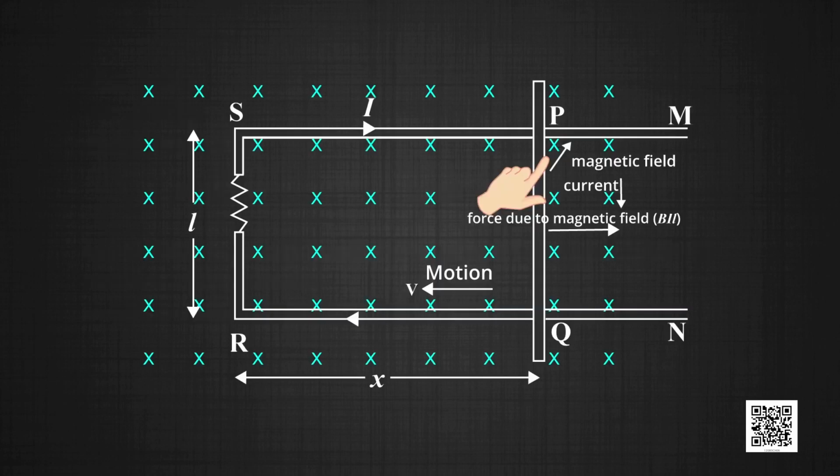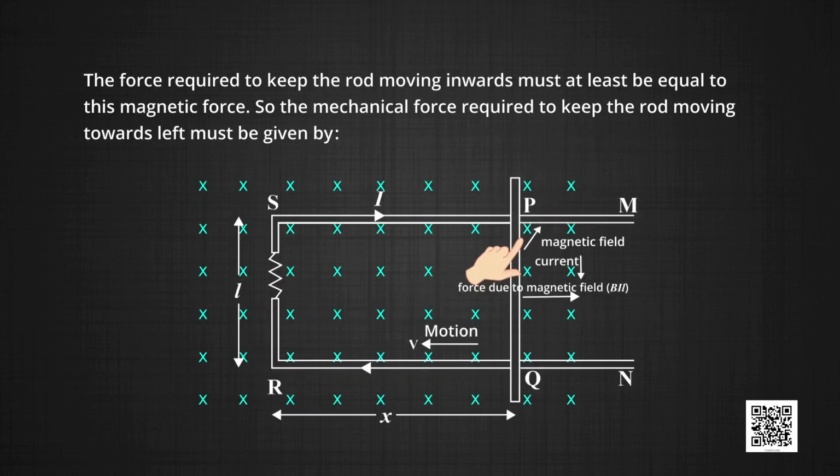This force will be in the direction given by the left-hand rule, which is in the right direction as shown in the figure. So, we have our magnetic field and the current, and there is the force experienced by the moving rod. You can see the diagram, and the force required to keep the rod moving inward must at least be equal to this magnetic force.